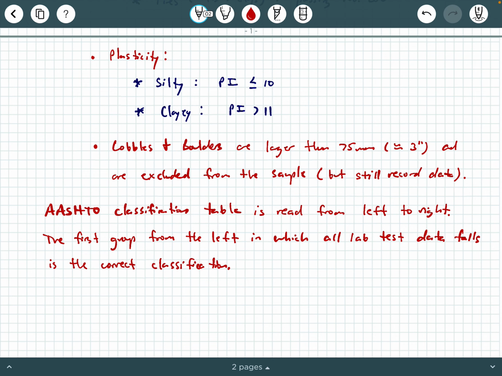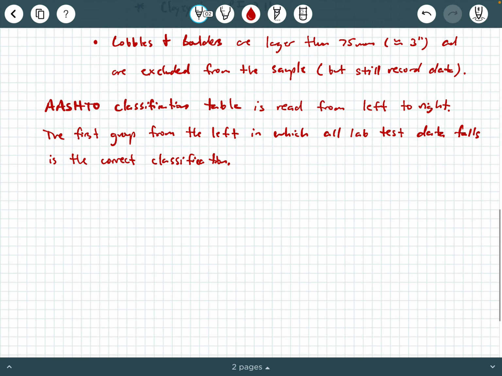So the next thing that we want to talk about with AASHTO is the group index, okay? Or we abbreviate that GI, okay?